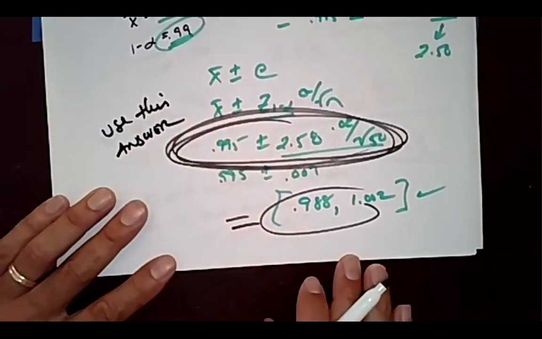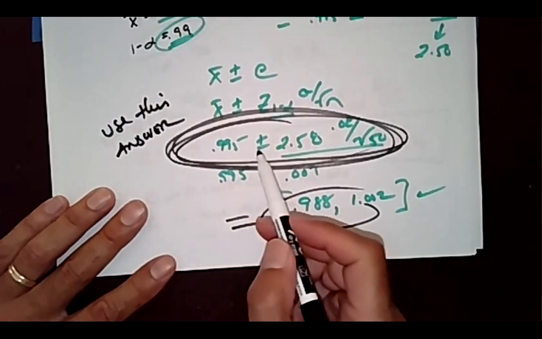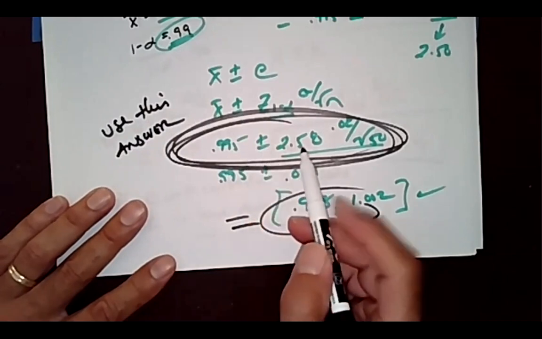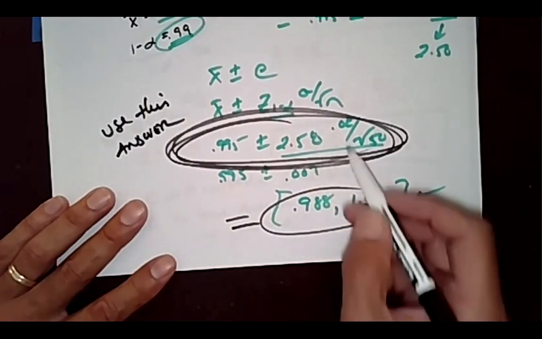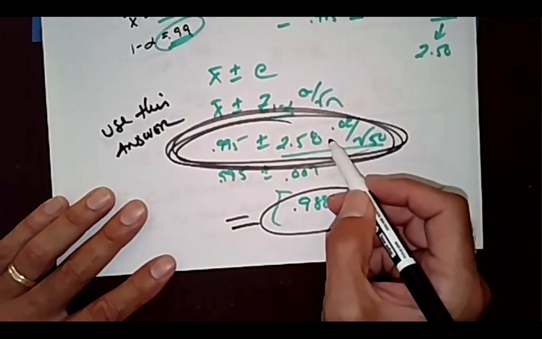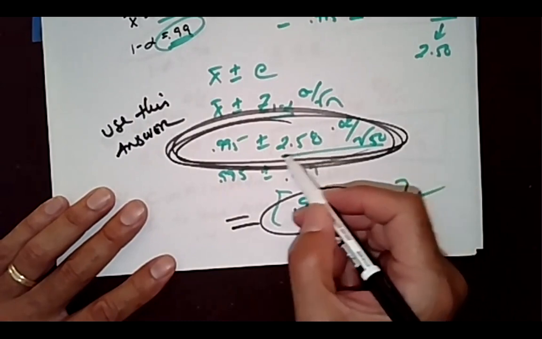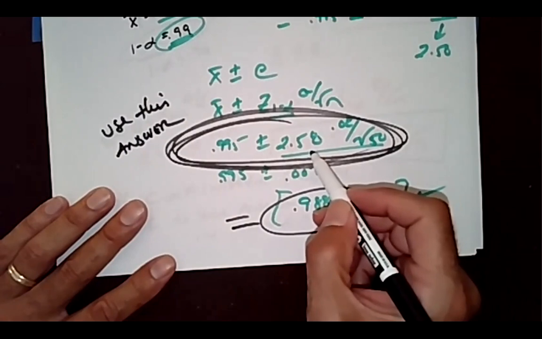It's easier to grade when you use this than it is to do this. Because again, there are so many different ways you can use rounding. That's why we want to know this. So tomorrow when we do this homework assignment, you're going to answer your questions like this.